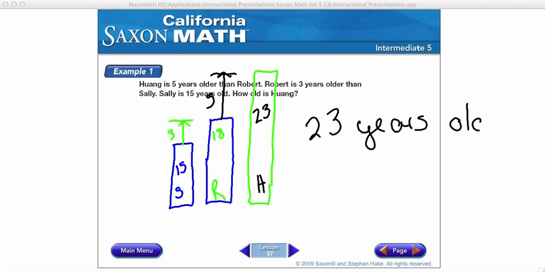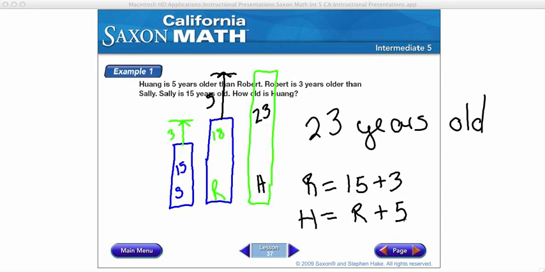years old. Now, we can also look at this by just doing the simple addition, okay? Robert equals Sally's 15 plus 3, and Huang equals Robert plus 5.